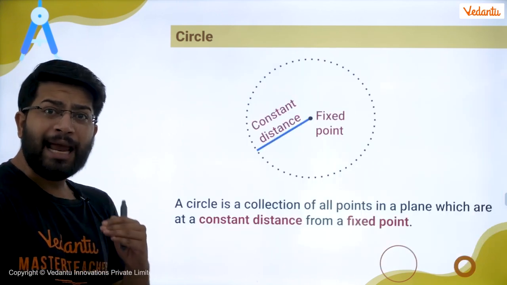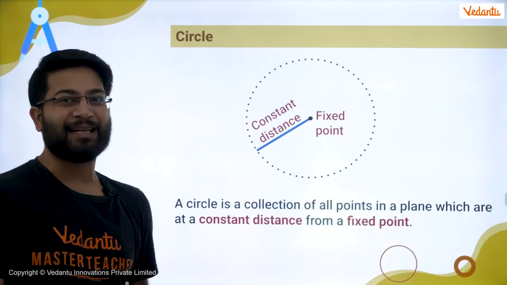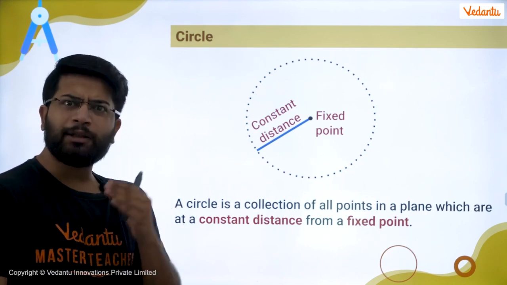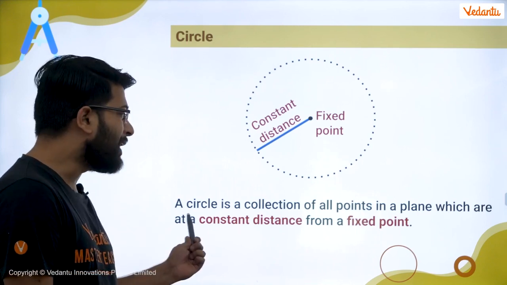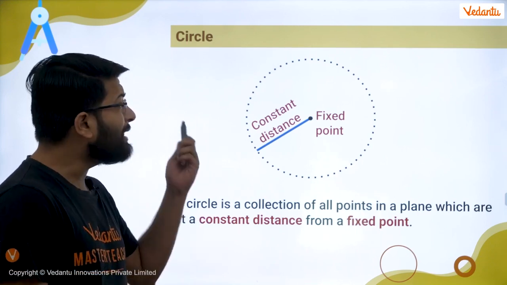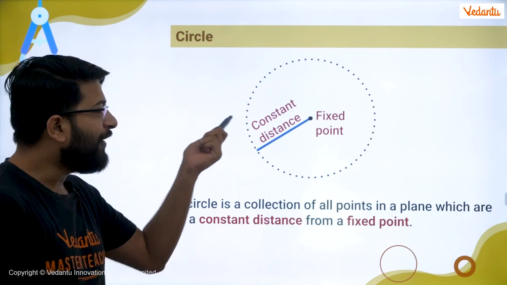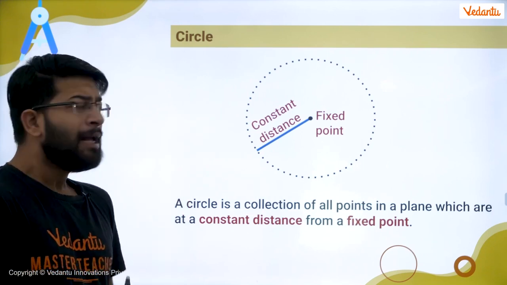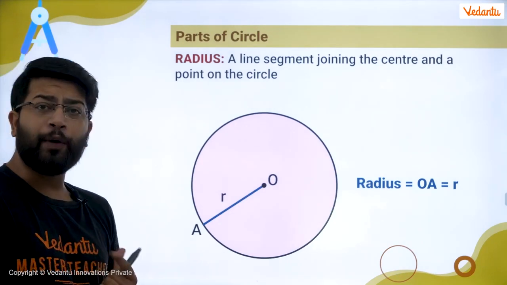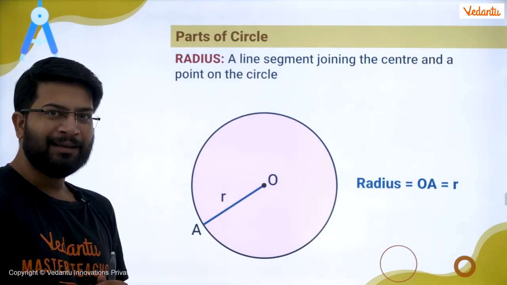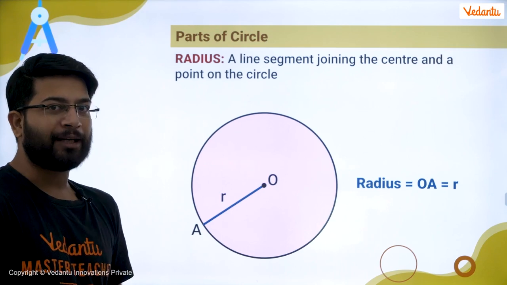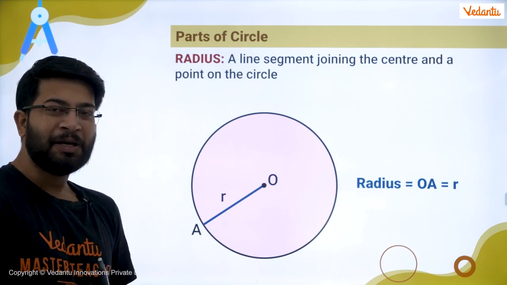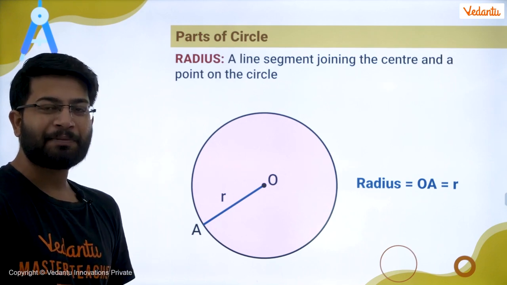We can see that every point on this path is at a fixed distance from the fixed point. So champ, the collection of all the points lying on the path is known as the circle, where the distance of all the points from the fixed point, which is known as the center of the circle, is the same. Now when we talk about the radius, the distance of every point on the circle is the same from the fixed point, the center.